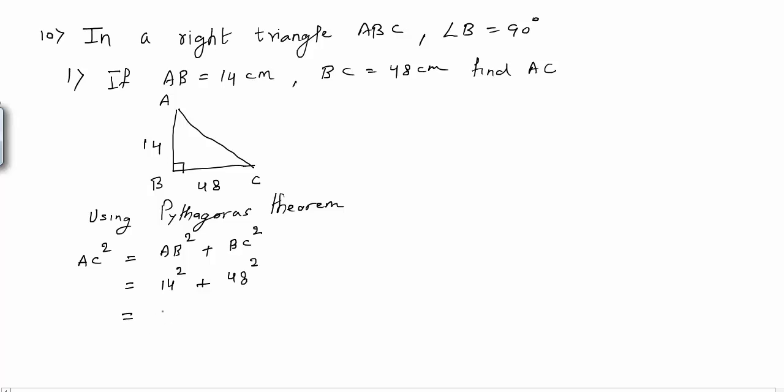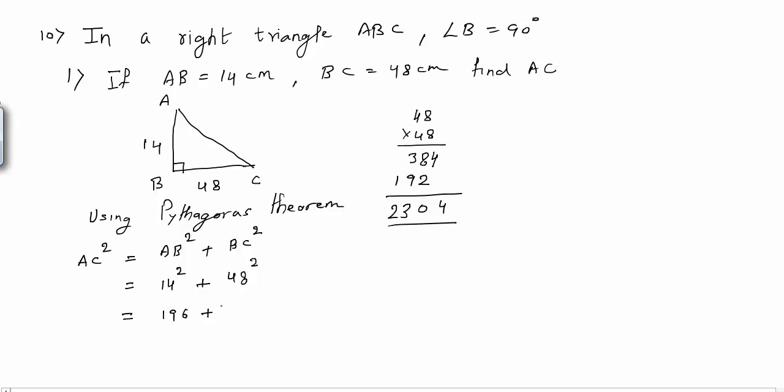Now square of 14 is 196, and square of 48, on rough sheet I will do 48 into 48. 8 8s are 64, and 8 4s are 32, 32 plus 6 is 38. 4 8s are 32, 4 4s are 16, 16 plus 3 is 19. So it is 2304.